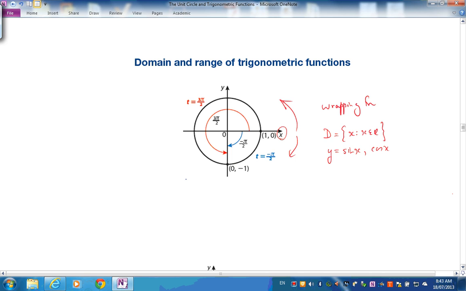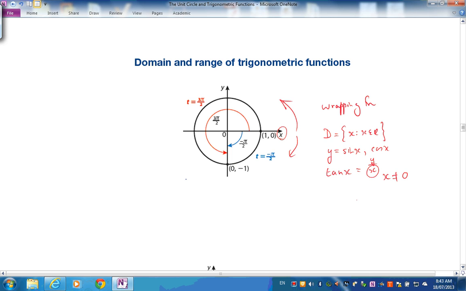Okay, we might have to watch tan though. What is the domain of tan x? Tan x, because it's y over x, we can't have any angle which gives you an x coordinate of 0. So what points are those?